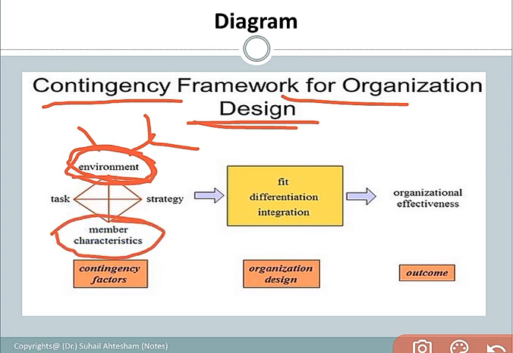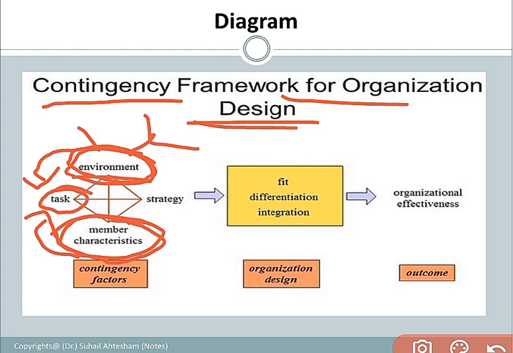characteristics, right? Member characteristics is related to the internal factors, internal aspects of the business, right? These factors are controllable. These are the factors of production, right? So here you can see the task, the work which has to be performed by the internal organization, right? With the coordination of external organization, external factors of production, right?